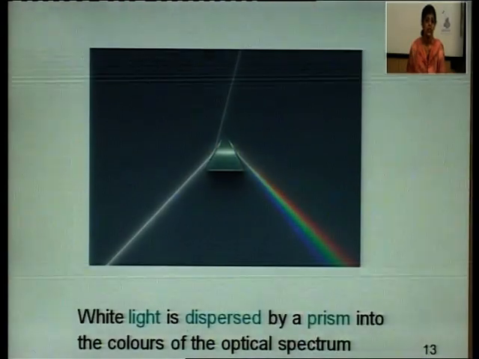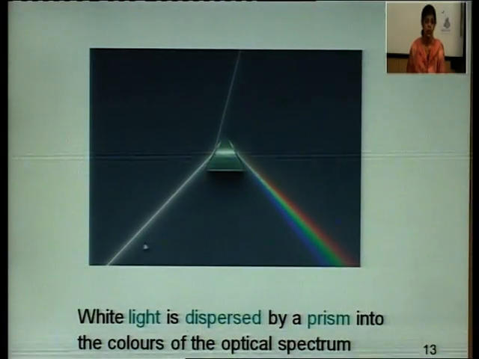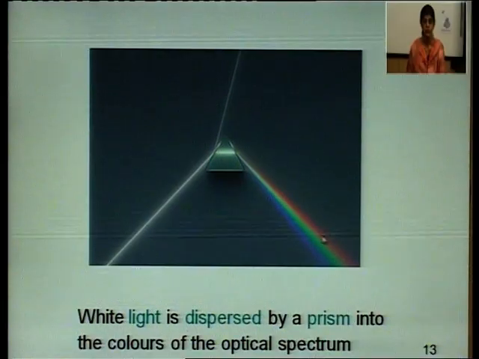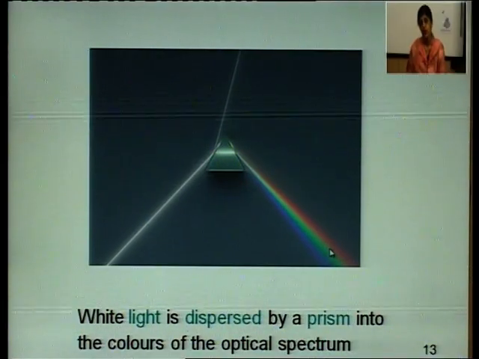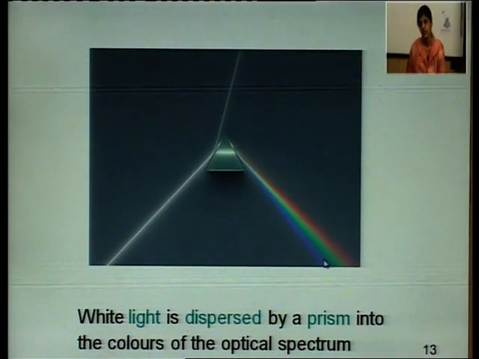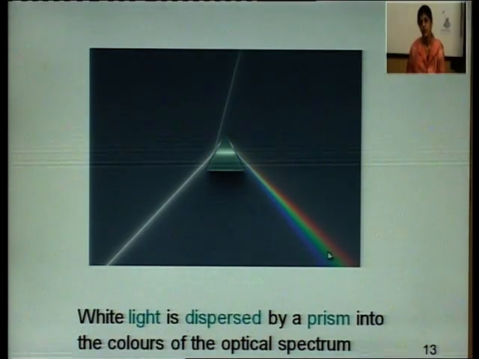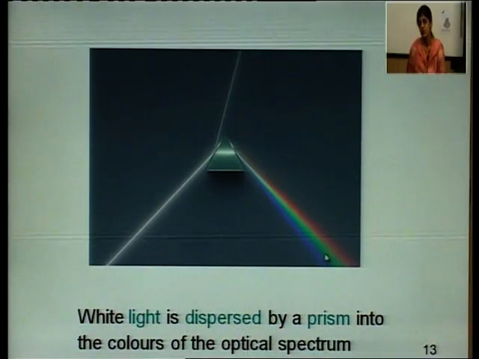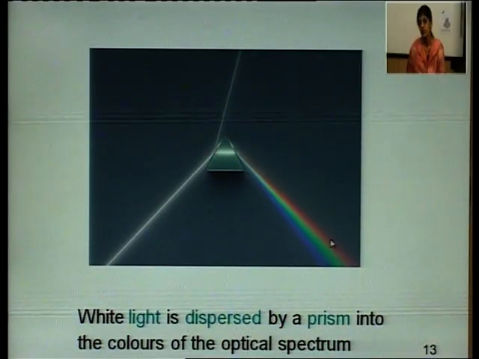Just see, this is white light, it is being dispersed over here into the colors of VIBGYOR when it is passed through a prism. This is a prism, this is the white light, it changes into various colors. Now, this type of spectrum is a continuous spectrum because we cannot differentiate between the various bands, they are continuously present.